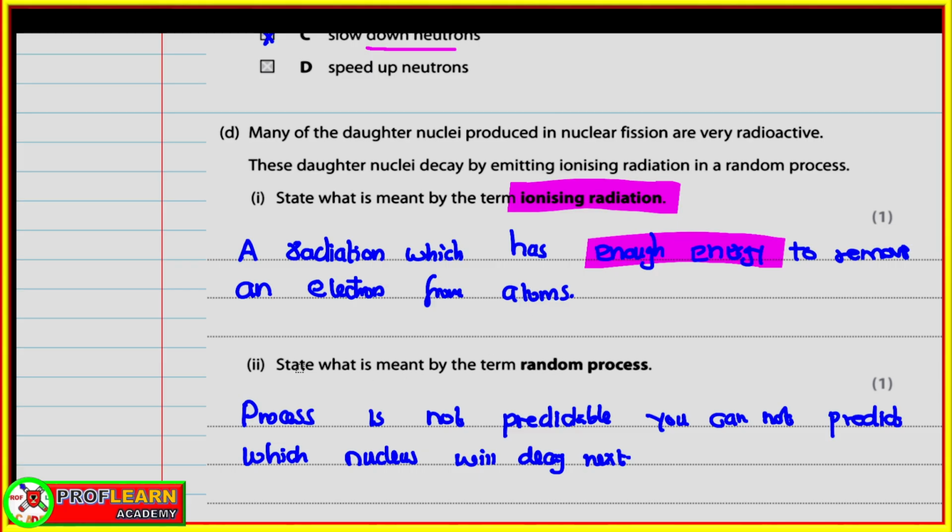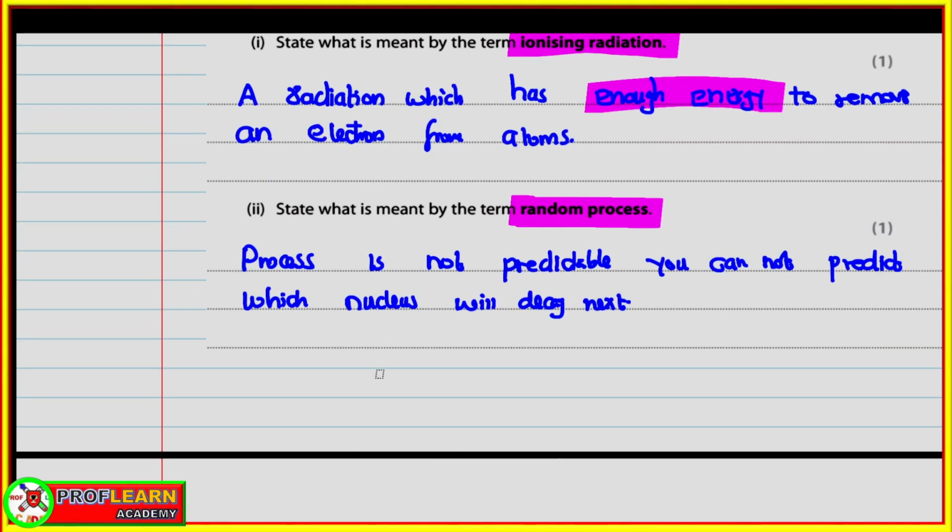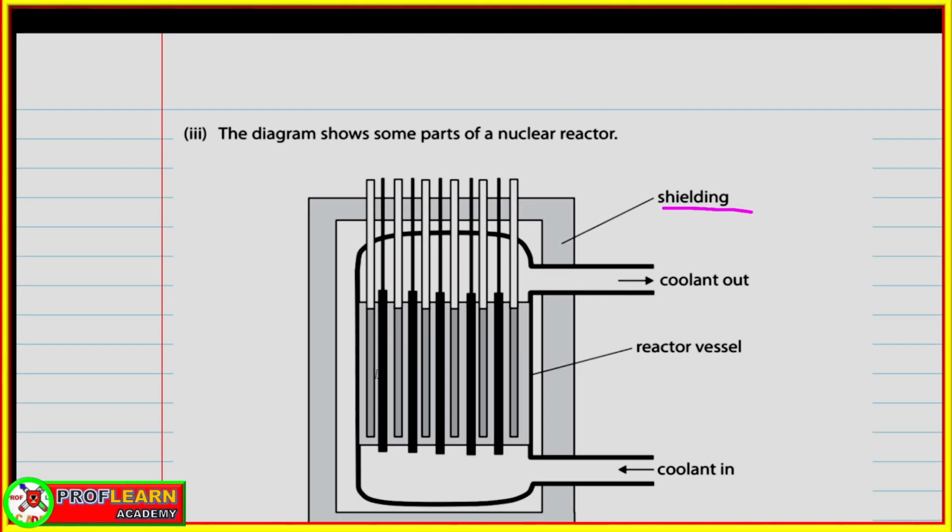Also, we learned that nuclear reactions are spontaneous and random processes. Spontaneous means that they are never affected by external conditions such as pressure and temperature. Random means that the radioactivity process is not predictable. You cannot tell which nucleus is going to decay next.